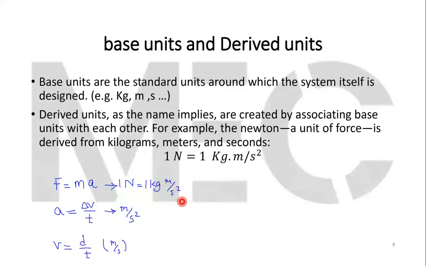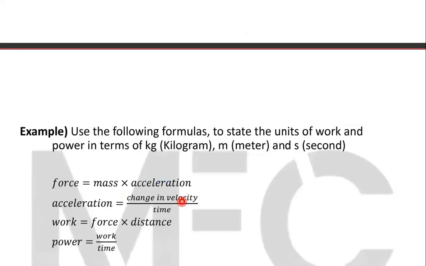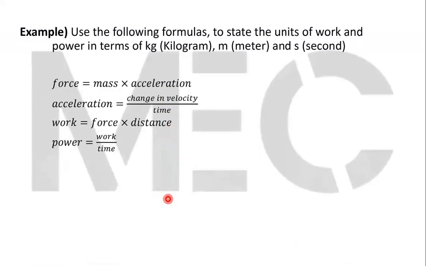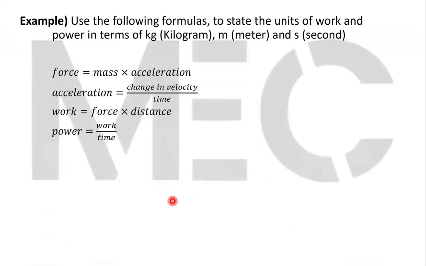All the units are SI units. Okay. Use the following formula to state the unit of work and power in terms of kilogram, meter and second. As I told you, kilogram, meter, and seconds are base units in mechanics.